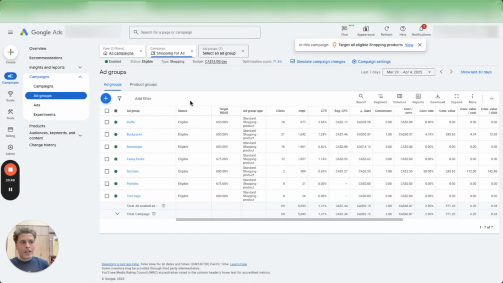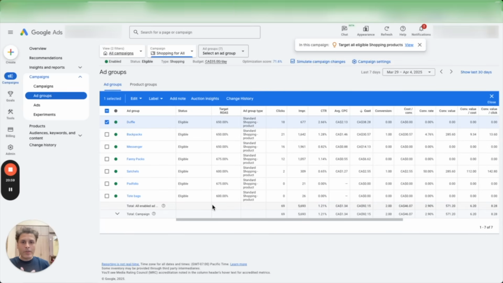But what I can tell you is, for duffel bags, and obviously we know these are leather duffel bags, when I reviewed the search terms, any term that does not include leather, duffels, traveler or anything to do with duffels, I usually exclude.